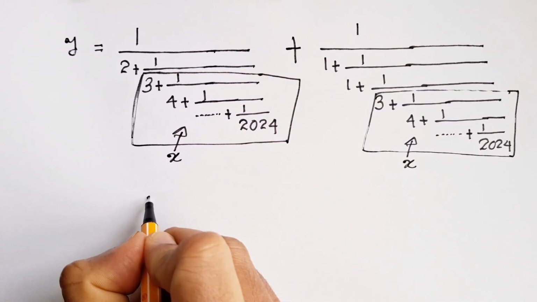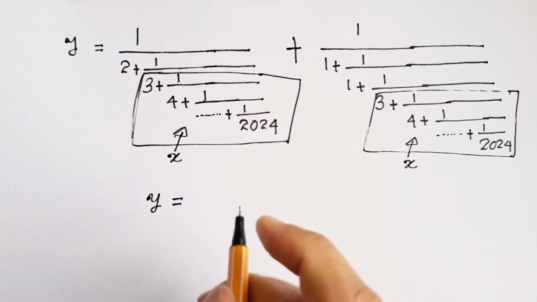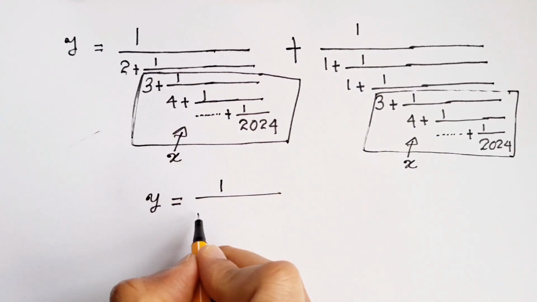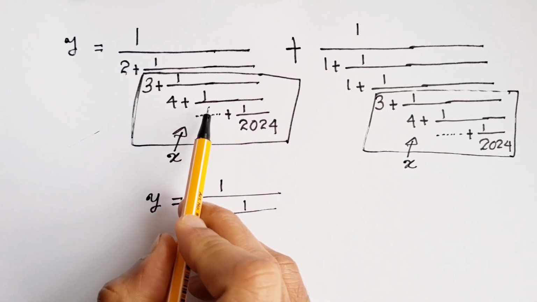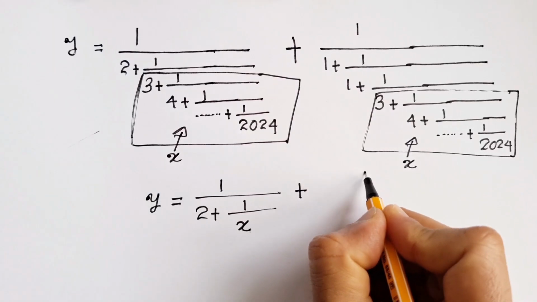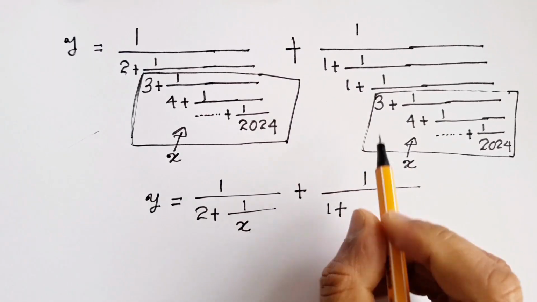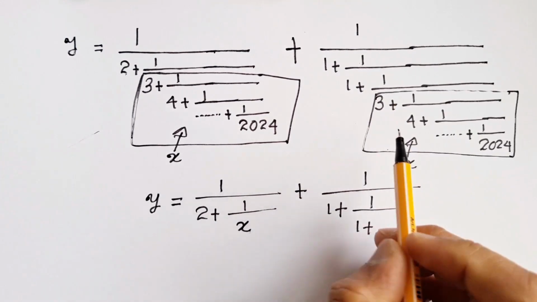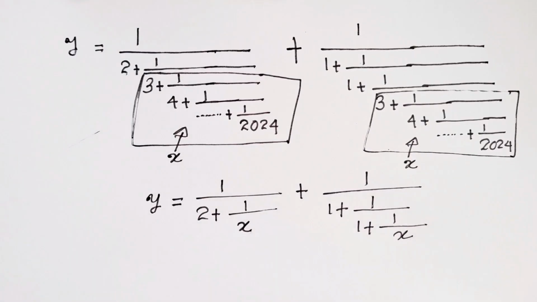Then I will rewrite this expression like y equals 1 over 2 plus, again 1 over this part is x, plus 1 over 1 plus 1 over 1 plus again 1 over this part is x.